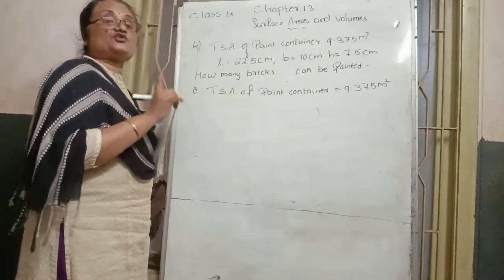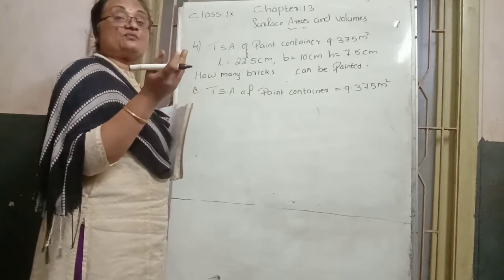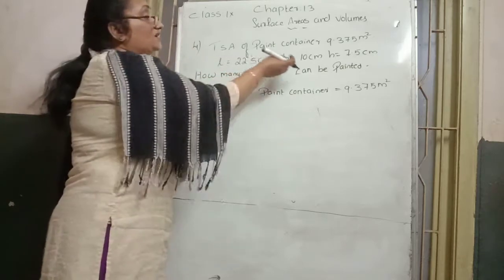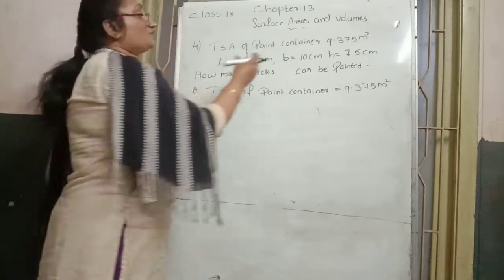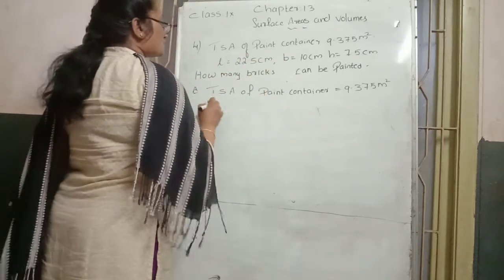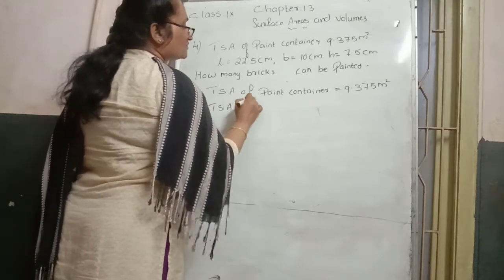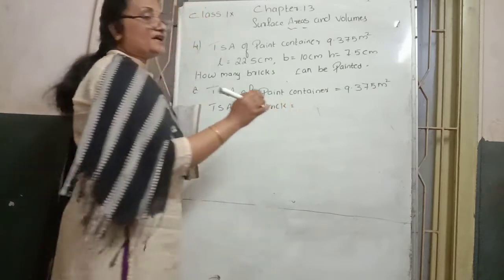Next, the dimensions of one brick are given. So we want to find the total surface area of one brick. So TSA of a brick is equal to, brick is in which shape?